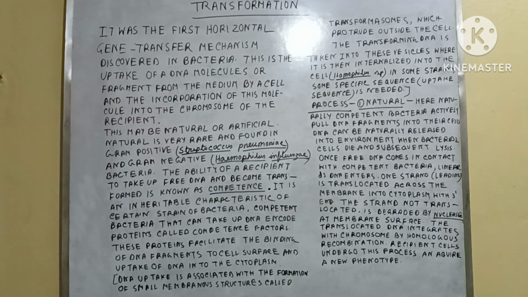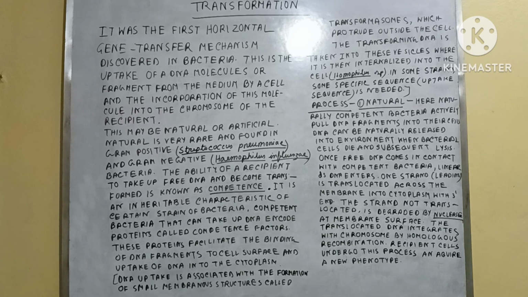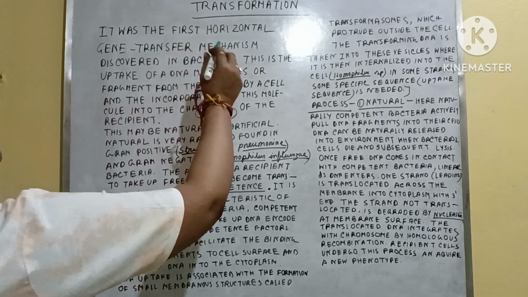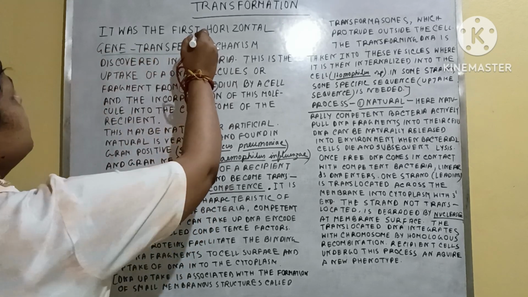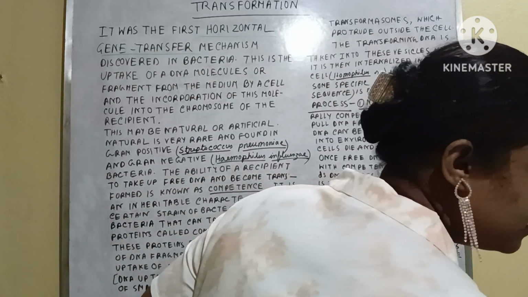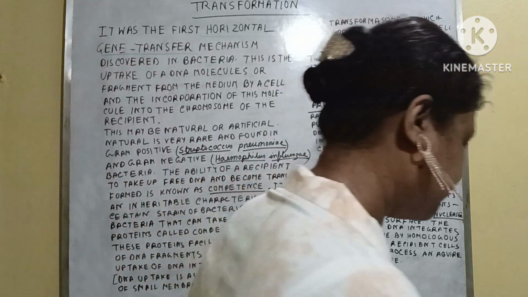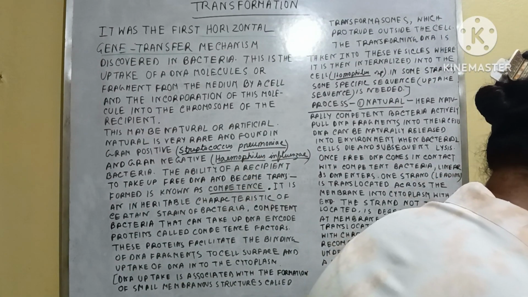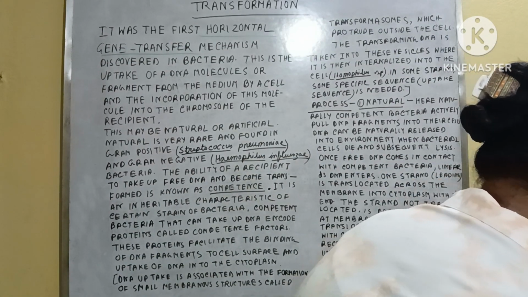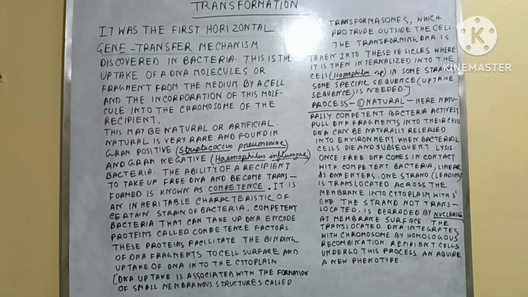So what is transformation? This is a horizontal gene transfer process. This is the horizontal gene transfer mechanism, and it was first discovered in bacteria.